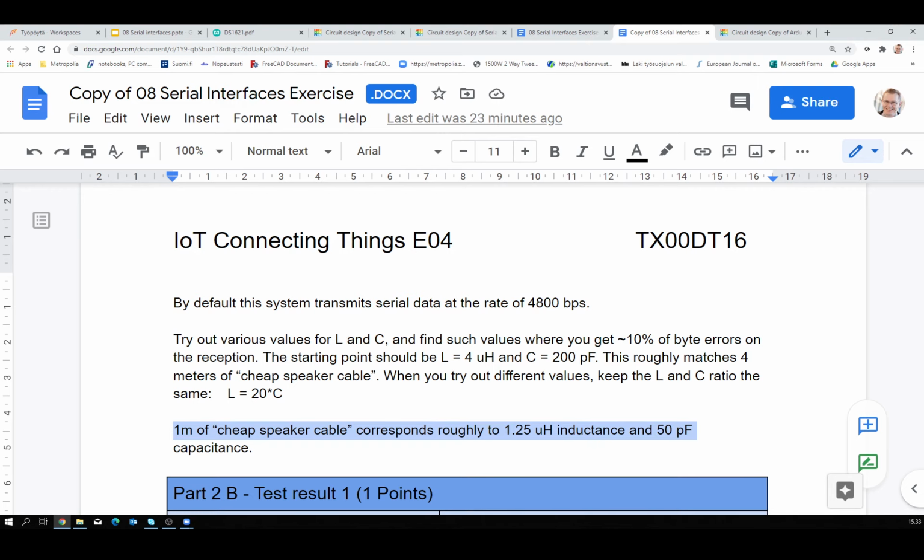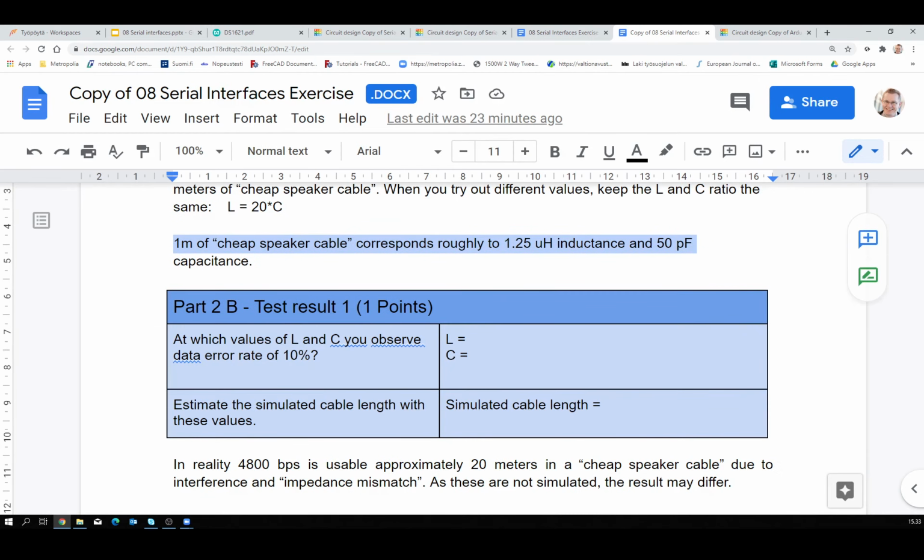But anyways, first point, now the L and C, when you start observing the data errors, so every 10th character prints out funny, and estimate the simulated cable length, so what L and C you used, and then use that information to calculate it back to the simulated cable length.